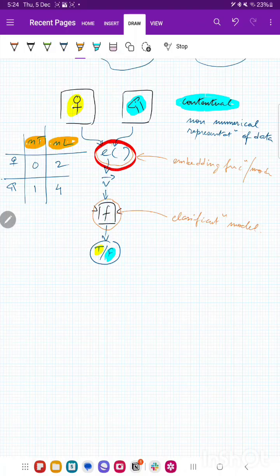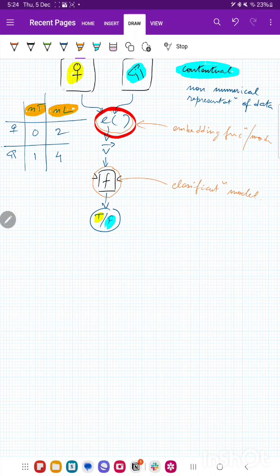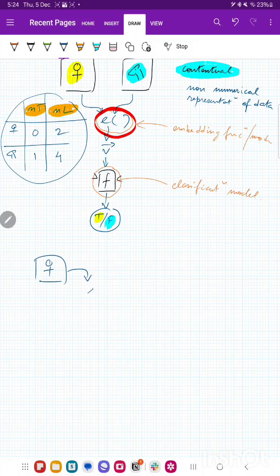So these images can be transformed into some numerical representation. So suppose this is the definition of our embedding model. Then if we give human input to the embedding model, or the extraction model, you can say, for the human we'll get nt is 0 and nl is 2.